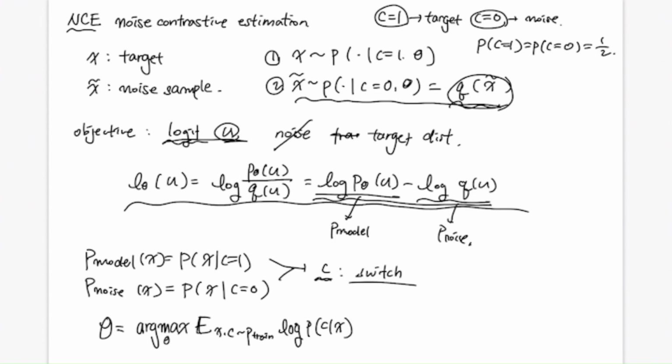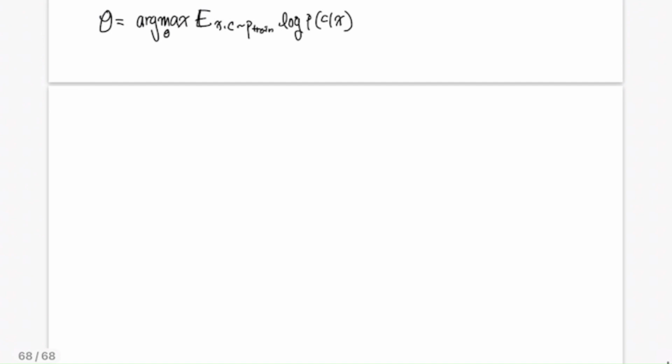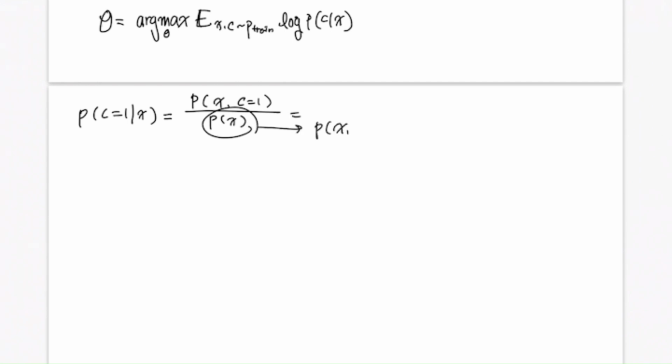Now let's think of this equation as logistic regression. If we want to detect the class of the target correctly, we want to model this equation: if we are given x and we want to know the probability that the class is equal to the target. We can rewrite this as the joint probability p(x, c equal 1) over p(x). And p(x) can be represented as p(x, c equal 0), the joint probability, plus p(x, c equal 1), because this is binary.